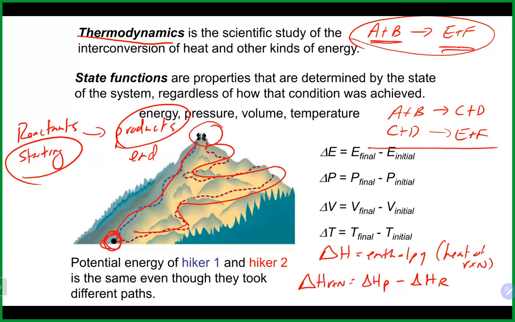And if we add reactions together, which you can do, whenever you add reactions together, anything that's on opposite sides of the arrow that is the same will essentially cancel out. It's like subtracting it from the other side. Think of the arrow as an equal sign. So in this case, the C and the C would cancel, the D and the D would cancel, and everything on the left-hand side stays on the left-hand side. Everything on the right-hand side stays on the right-hand side, and this would be our overall reaction.